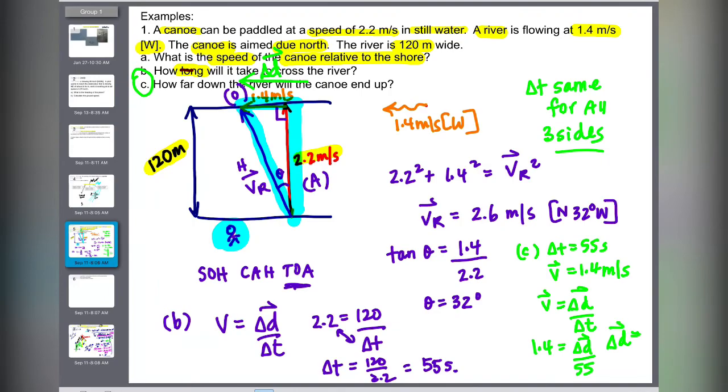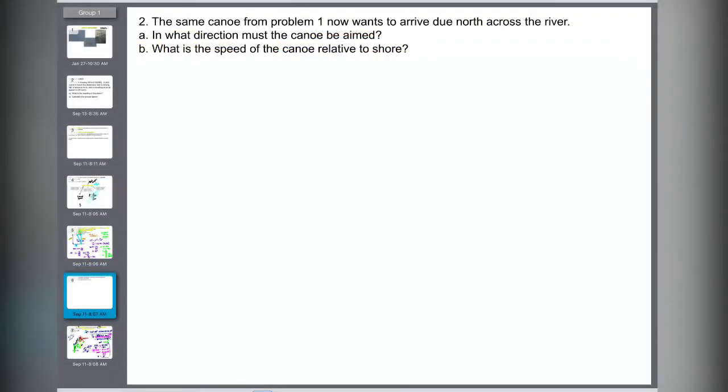You rearrange the equation, multiply the 55 on the other side, times 1.4. So I got something like an 81.8. See, I don't round. I always use the answer button, but I'm going to keep two significant digits. So it worked out to be 82 meters, and the direction is west.